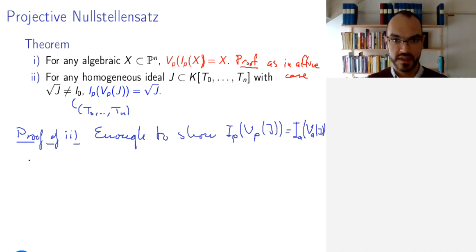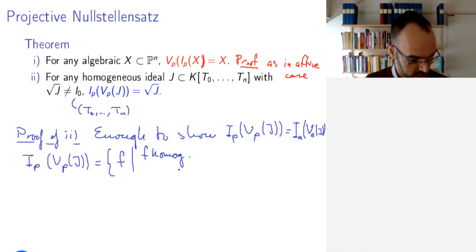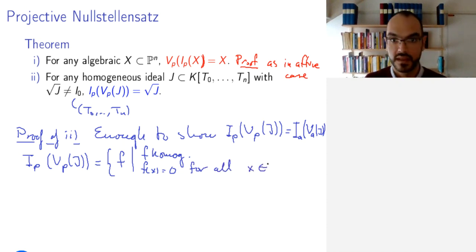So to prove this, let us look at IP of VP of J. So this is the set of all homogeneous polynomials satisfying f of x equals 0 for all x in VP of J.